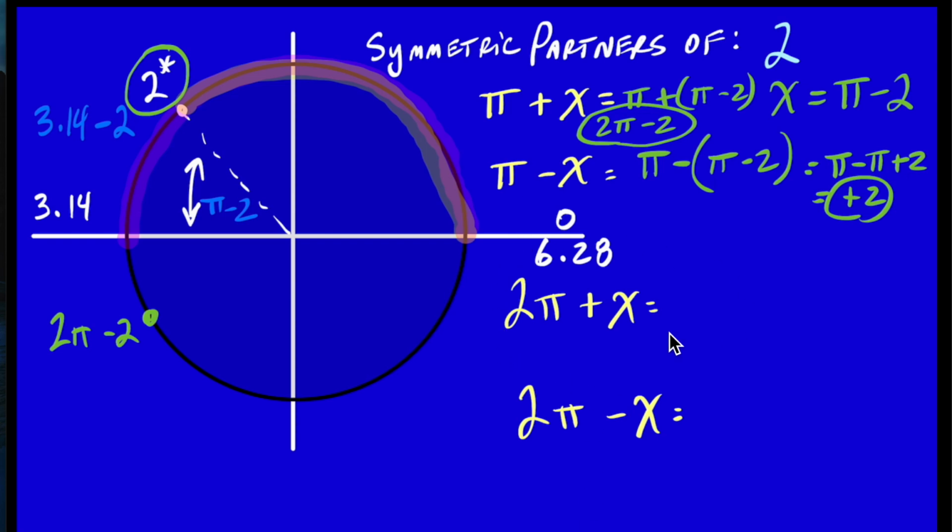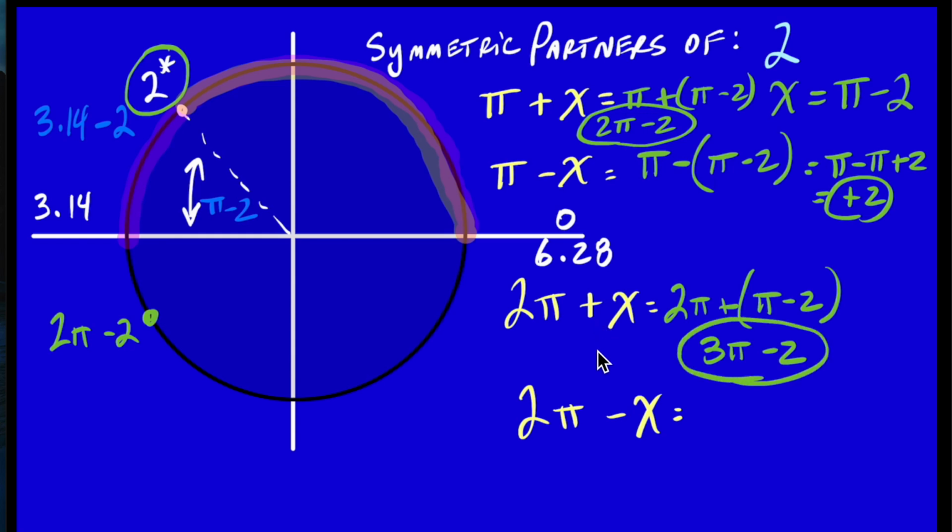Okay, let's move down here. So now we have 2 pi plus x. That's 2 pi plus pi minus 2. That's going to give us 3 pi minus 2. Okay, let's see where that takes us. Here, if we go all the way around, that's 2 pi.